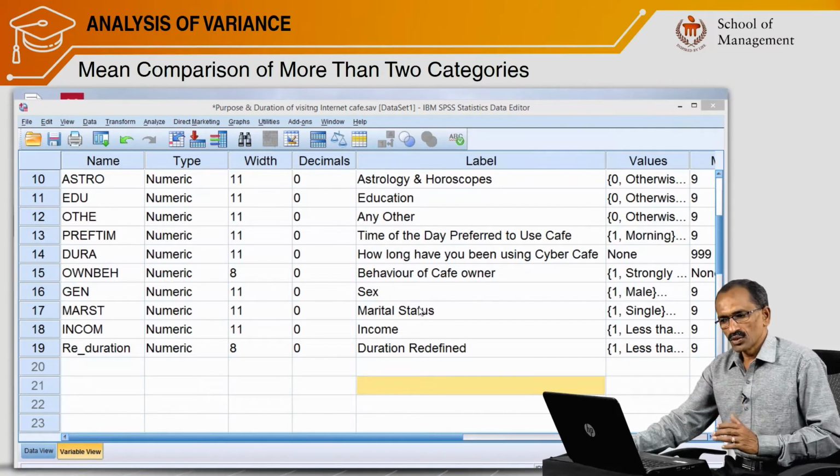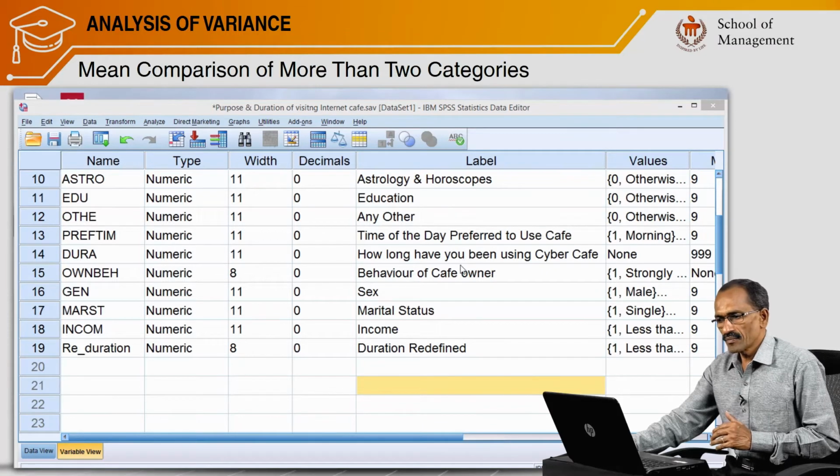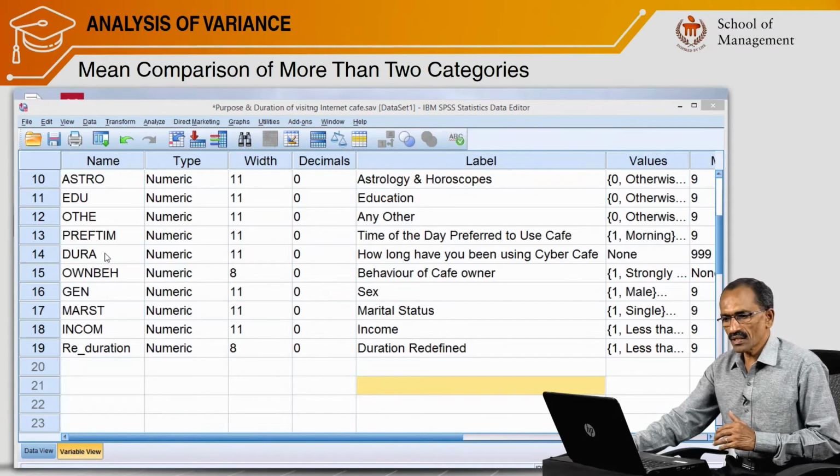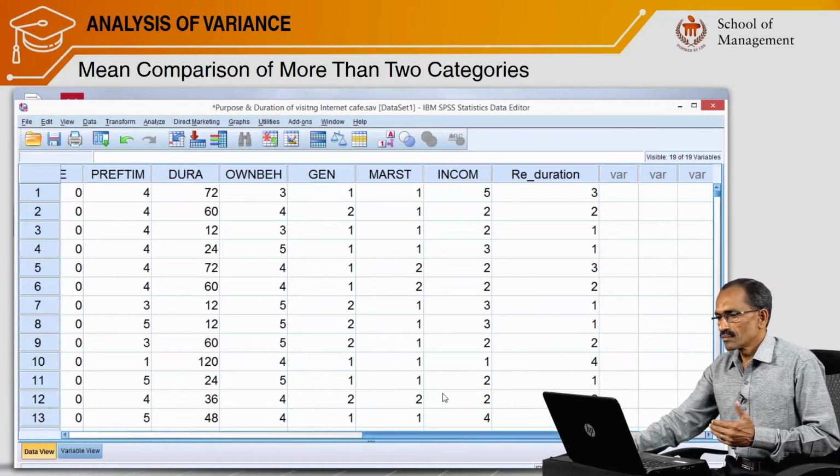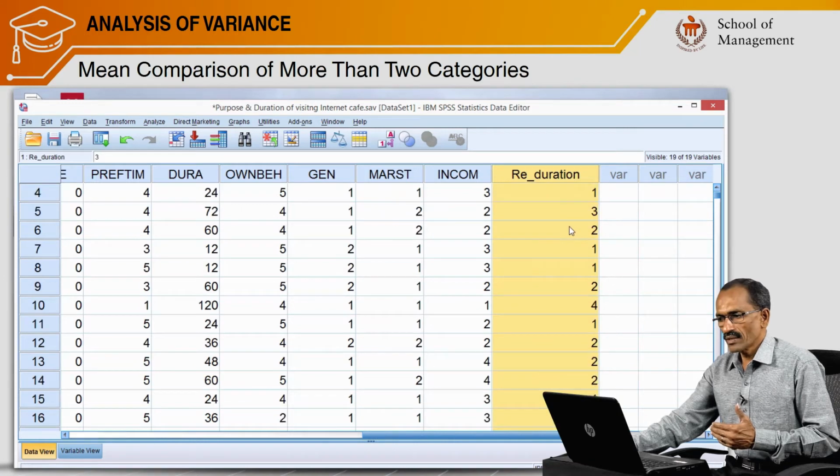ANOVA. So here, our variable of interest is the duration of internet usage. Previously, internet usage was a categorical variable, so we had converted this ratio variable into a categorical variable. And here we have only the ratio variable. As you can see from the data view, for the duration of internet visit, we have categories 1, 2, 3, like that.